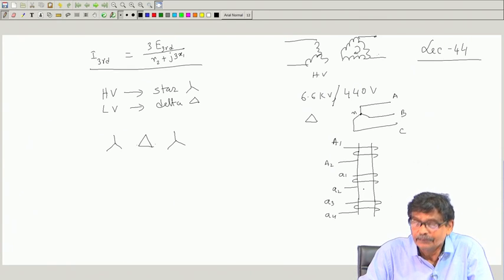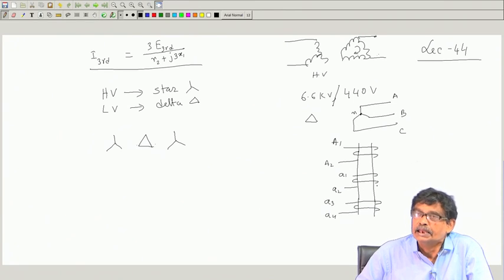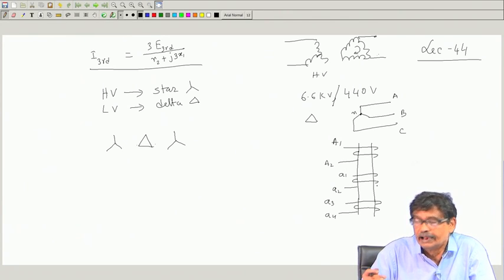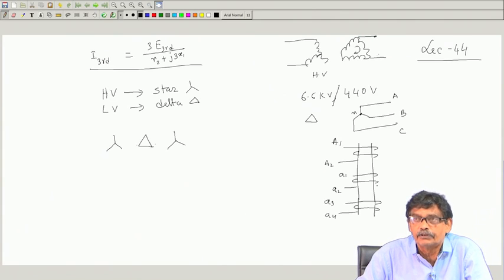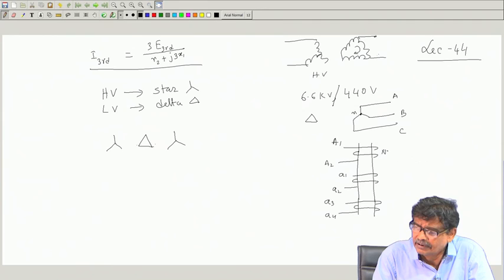Now, in this case we have seen that these two turns may not be the same. In the case of zigzag connection, we saw this type of secondaries present, but those two secondaries were identical, having the same number of turns. You recall that? So, here it is N1, maybe this is N2, this is N3.